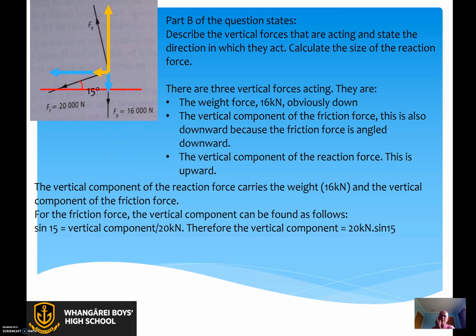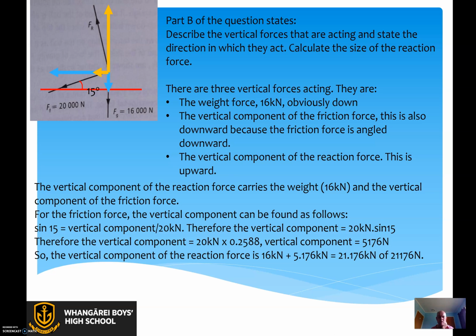So the vertical component is 20 kilonewtons, 20,000 newtons times the sine of 15. So the sine of 15 is about 0.26-ish. Vertical component is 5,176. And we add that to the 16,000 newtons of the weight, we get a total downwards force of 21,176 newtons.